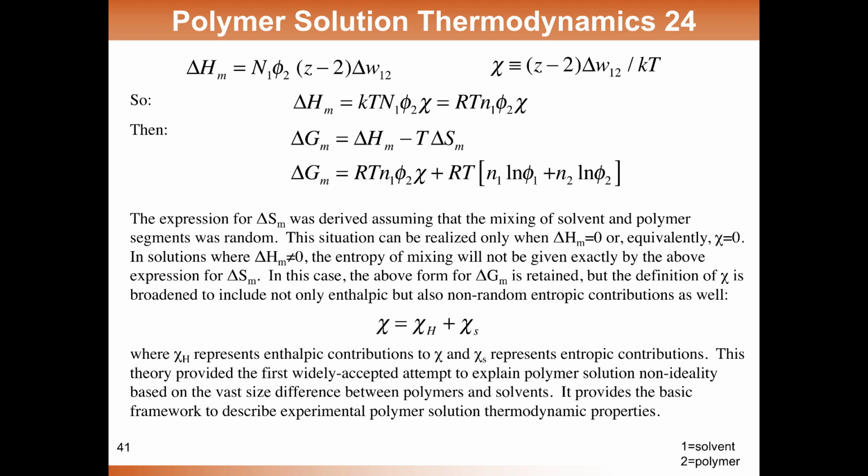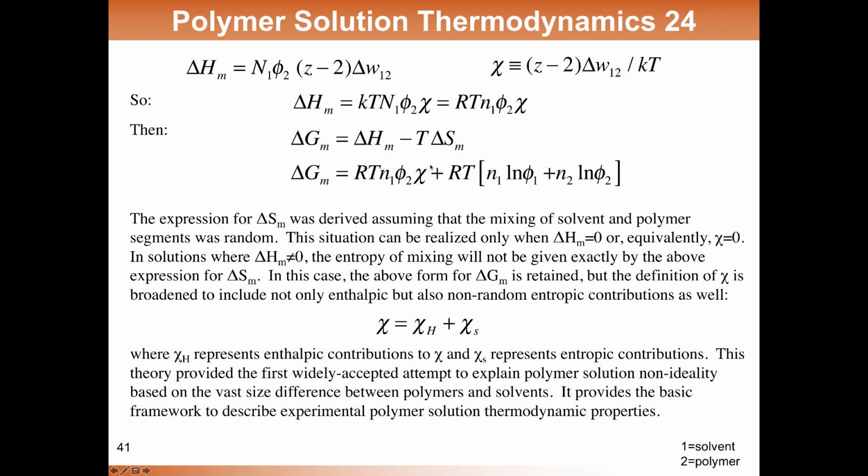And so there's no particular affinity for the solvent to want to stick together, or for the polymer chains to want to stick together, or for the polymer chains to want to go after the solvent and stay with the solvent rather than with other polymer chains. And that is the assumption that leads to this random mixing expression for the delta S of mixing.